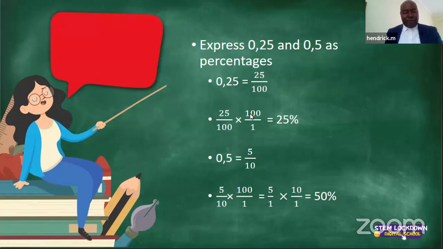And of course, the next one, 0.5. We have 0.5, which can also be expressed as a percentage. But first things first, you need to convert that to a common fraction, because it is much easier to work with common fractions than to go directly into a decimal fraction. 0.5 becomes 5 out of 10, which is a common fraction.